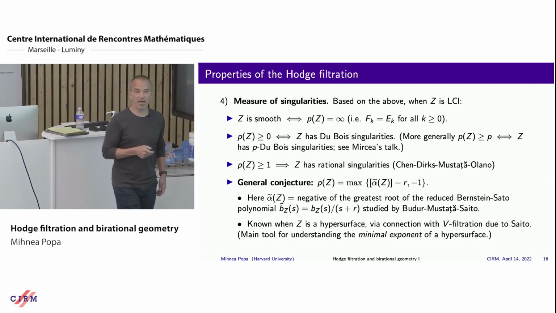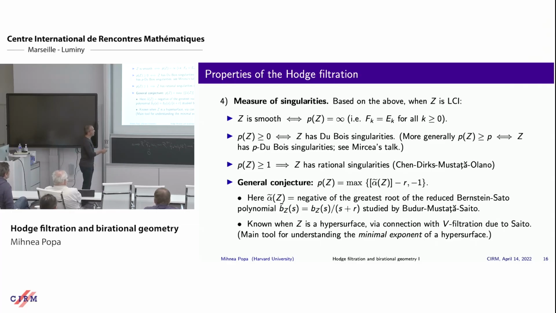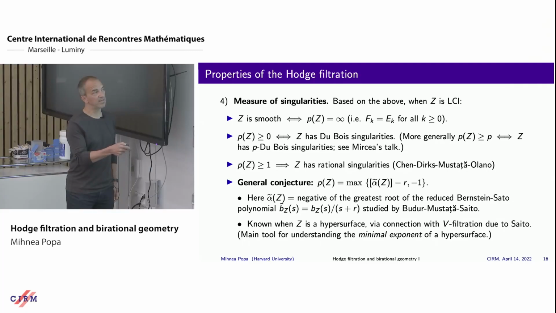So in the LCI case, there's a Bernstein-Sato polynomial that was studied by Budur, Mustaţă, and Saito. And just like in the hypersurface case, it has a distinguished root, -r, the codimension. You throw that away. You look at the next best root, or more prominent root, of this polynomial.